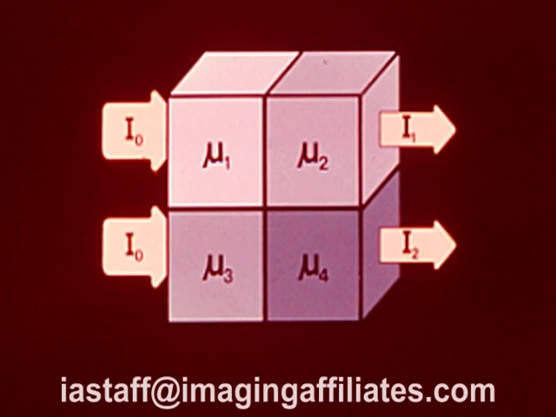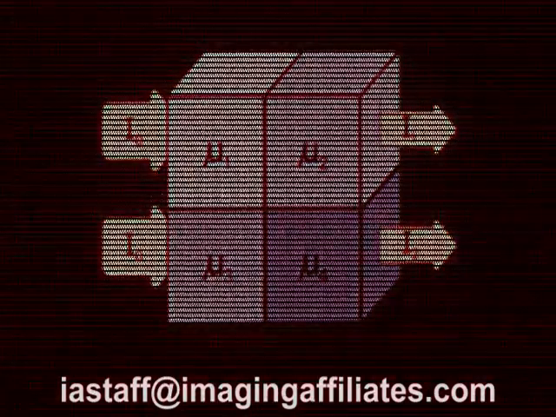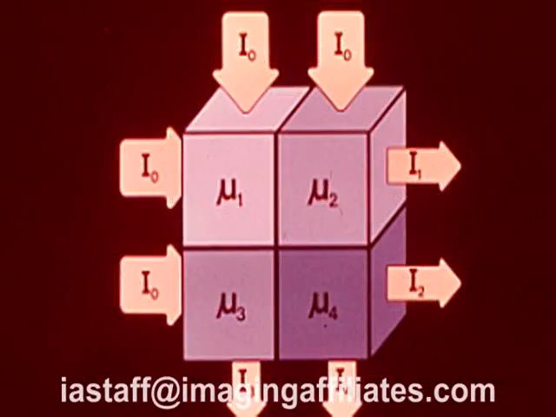In this situation involving 4 different types of tissue, 2 individual X-ray transmission measurements, I1 and I2, can be made. By rotating the X-ray beam, 2 additional unique transmission measurements, I3 and I4, can be made, increasing the available data.